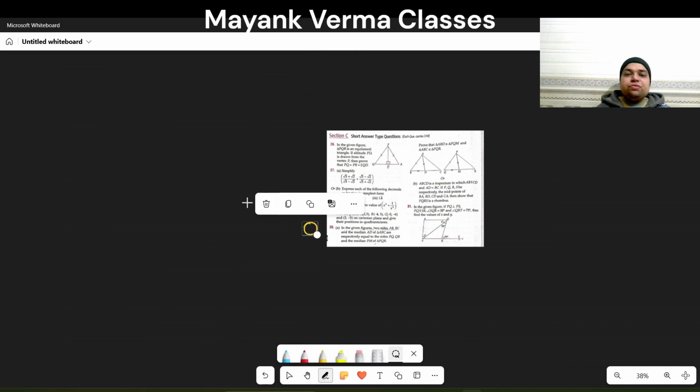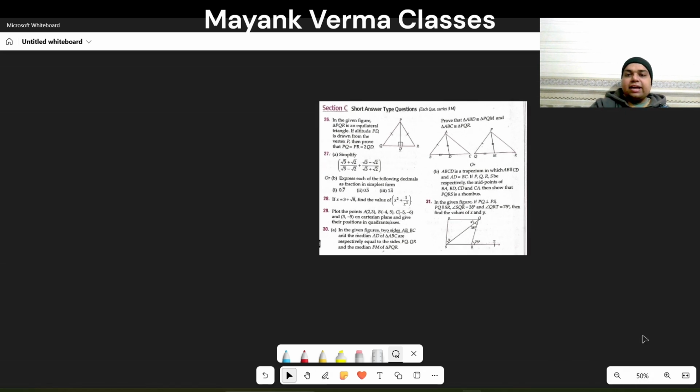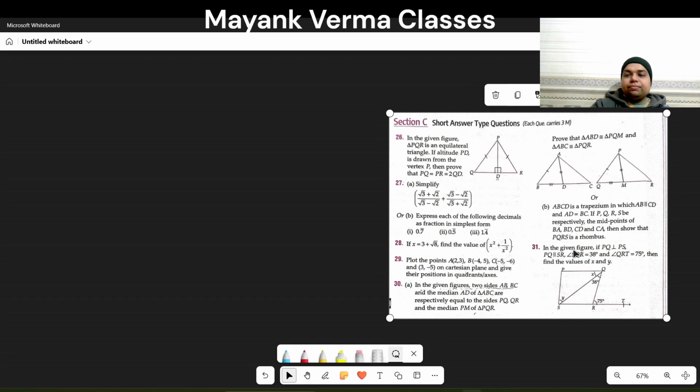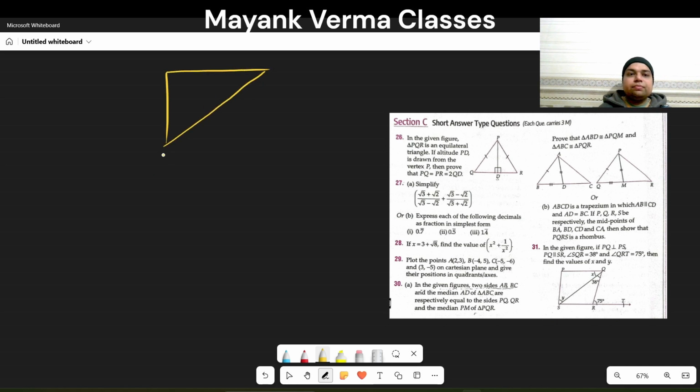In the next question, we need to find the value of x and y. A diagram is given to us. So in this diagram, what is given to us? This is y, this is x, this is 38, and this angle is 75 degrees.